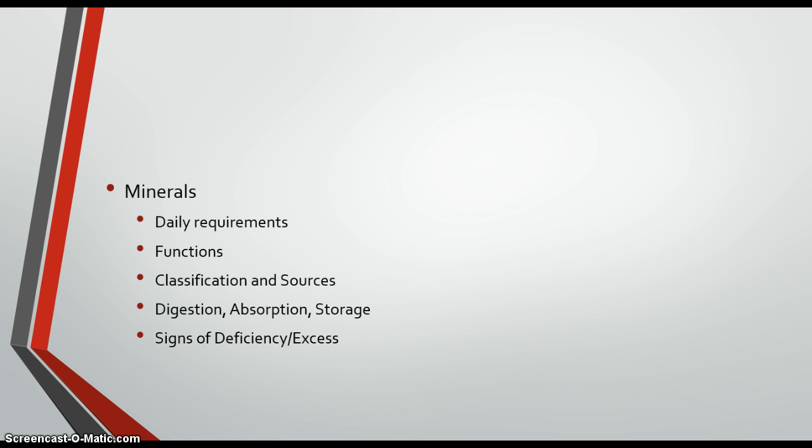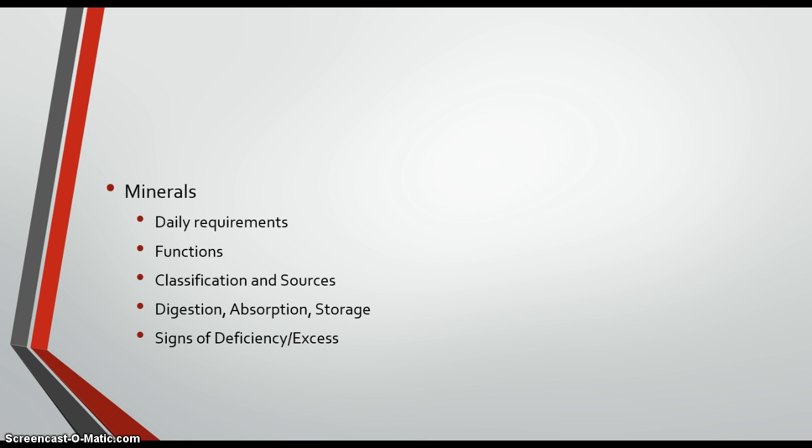Calcium aids in bone and teeth formation, promotes muscle contraction and relaxation, aids in blood clotting and nerve transmission, promotes normal heart rhythm, and needs vitamin D for absorption. Some of your sources of calcium are milk, cheese, sardines, salmon, green leafy vegetables, and whole grains.